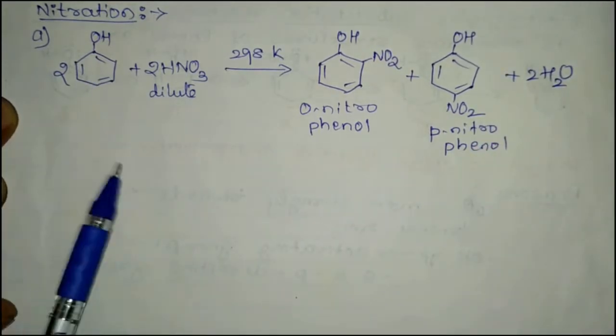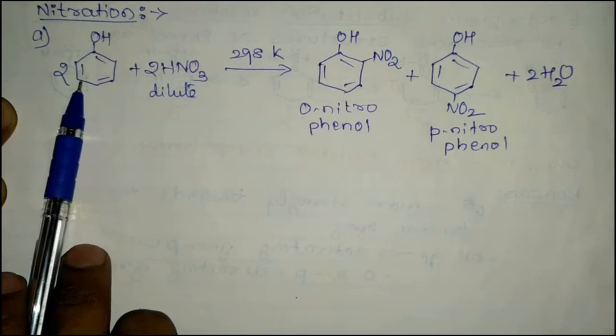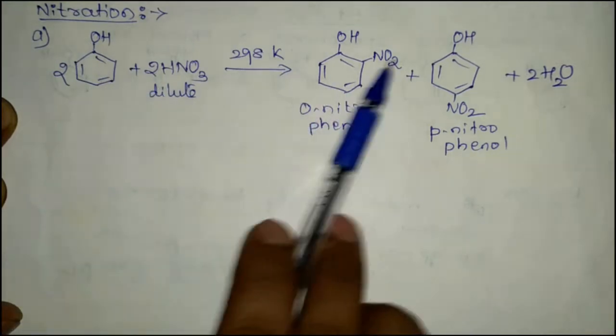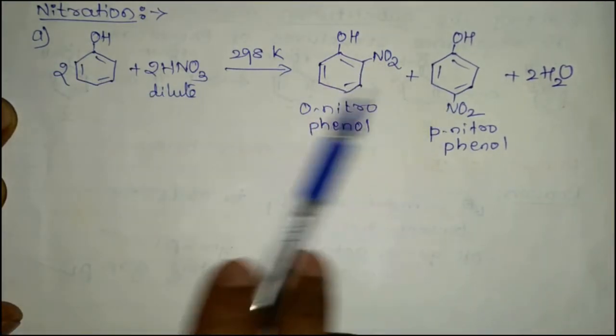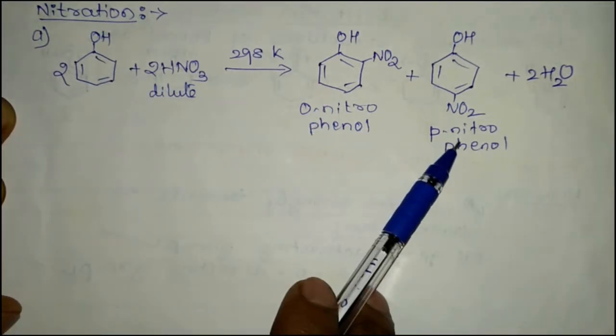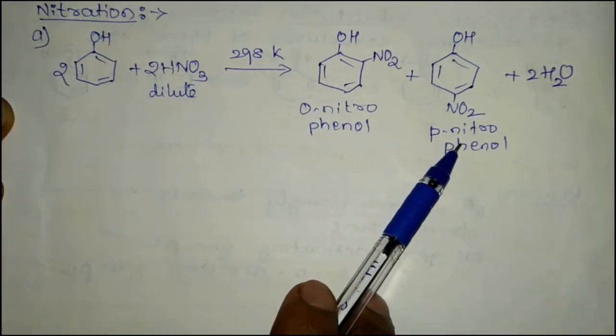As this OH group is ortho as well as para directing, the incoming electrophile NO2 plus attacks ortho and para positions. You are going to get a mixture of ortho and para products.